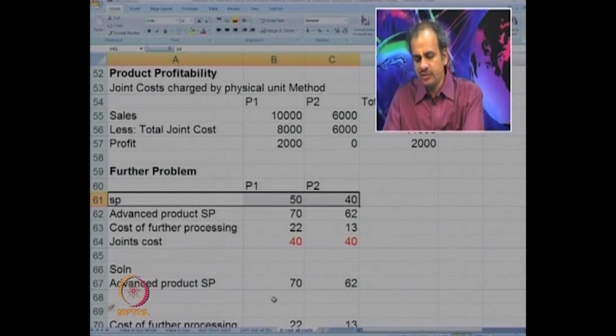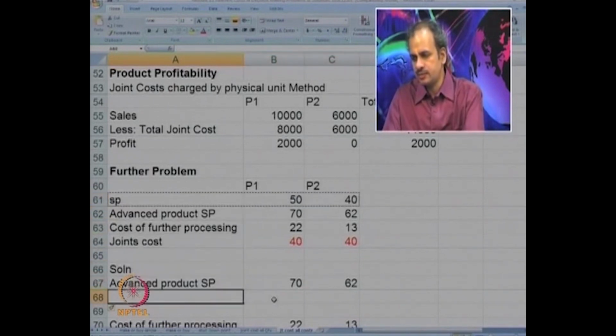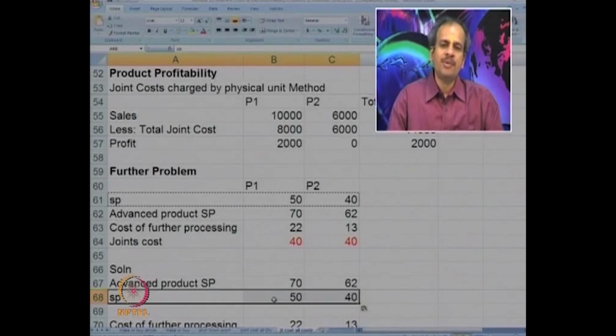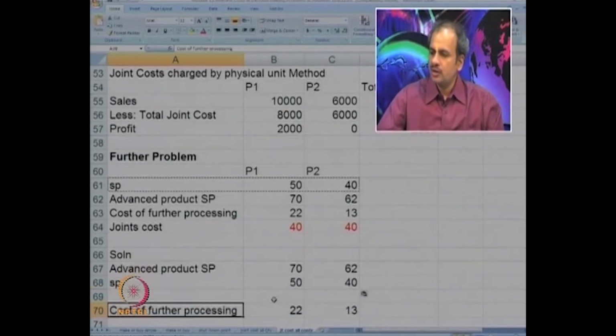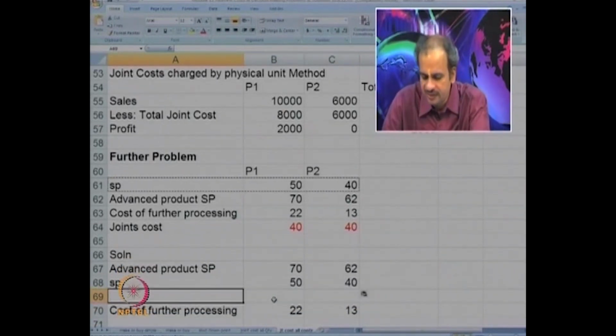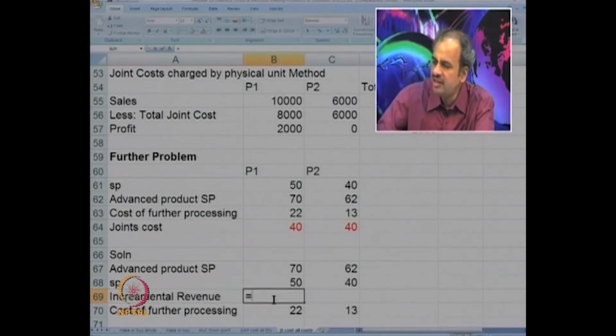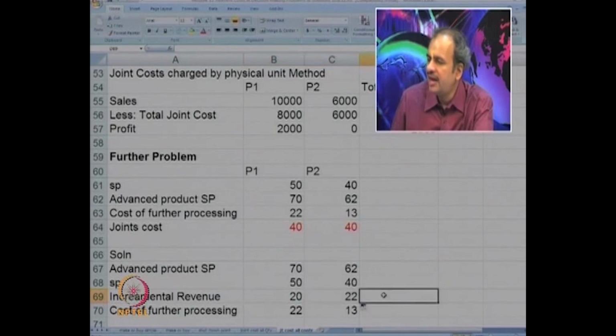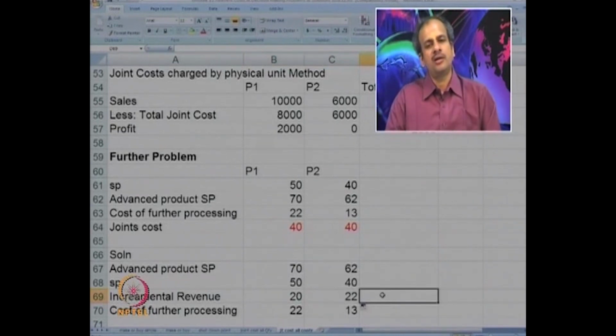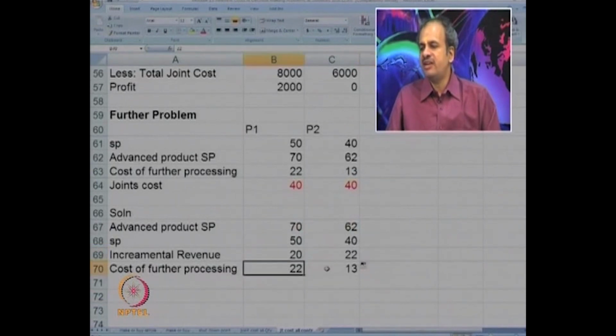We will compare this with their original selling prices, which are 50 and 40. So, by further processing, how much is the incremental revenue we were able to generate? It is 20 rupees for P1 and 22 rupees for P2. And how much is the cost of further processing? It is 22 and 13.